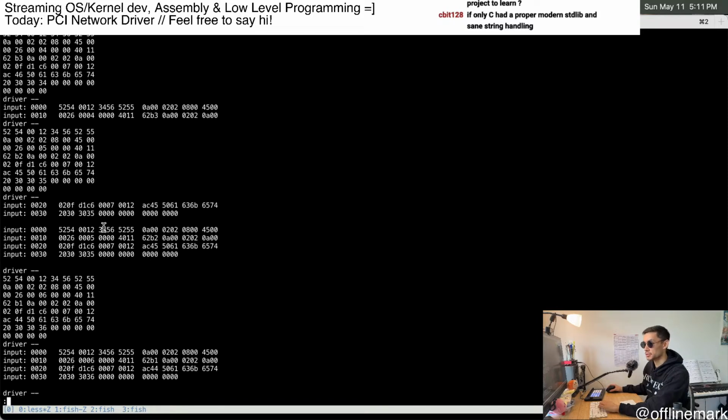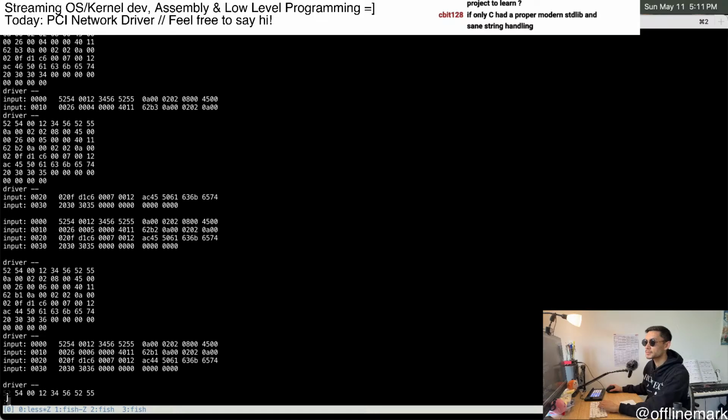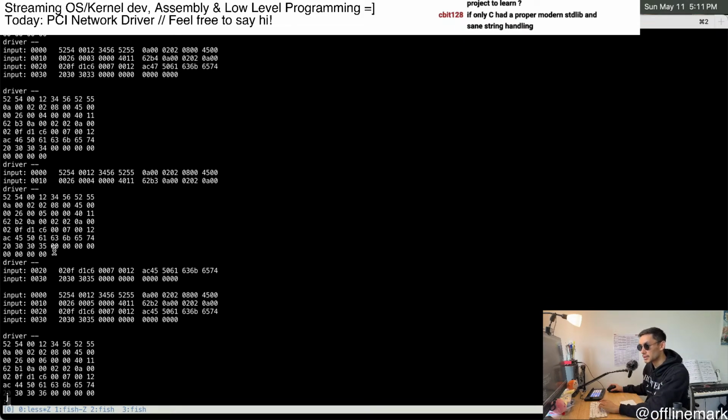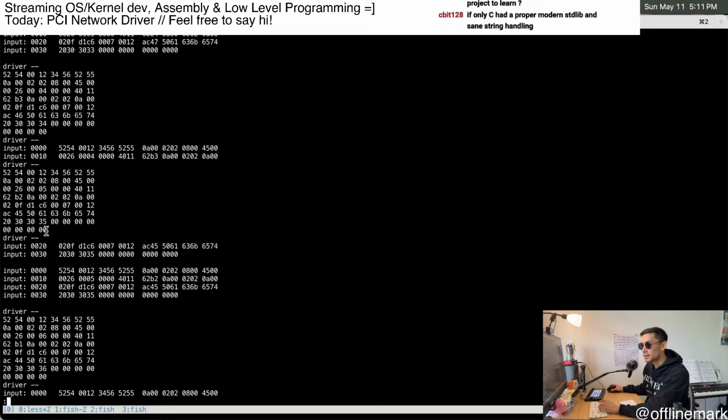So here are the two duplicates. It's 35 here and here. Unfortunately, with the interleaving of the output, it makes it kind of hard to see what's actually happening here. And also the hex dump is formatted differently.